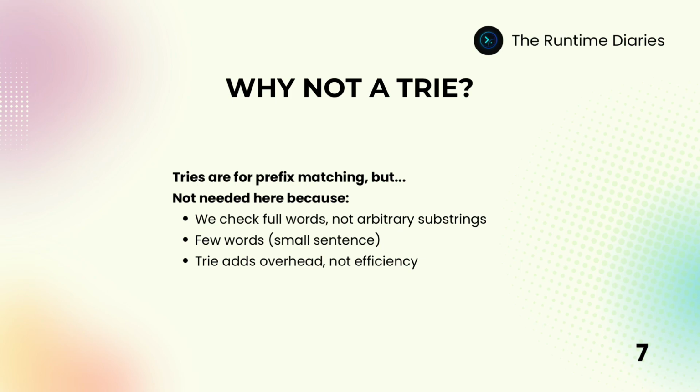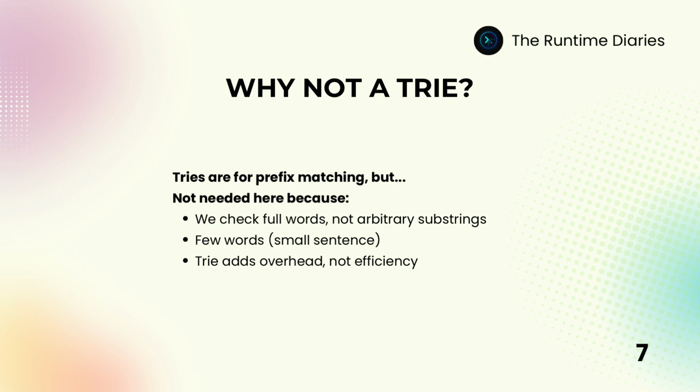Now, we get to one of the most important lessons from this problem. You might look at this and think, well, this is a prefix problem, so should I use a trie? And the answer is no. Tries are fantastic data structures when you have a huge dictionary, when you need to store thousands of words, when you have many prefix queries, or when you're building autocomplete systems or search engines.